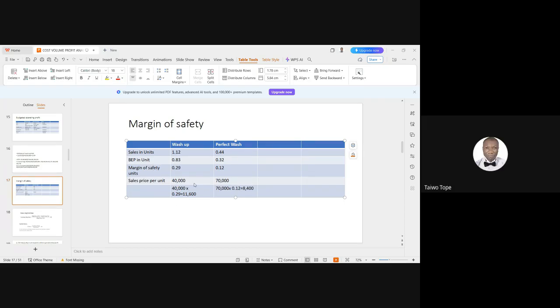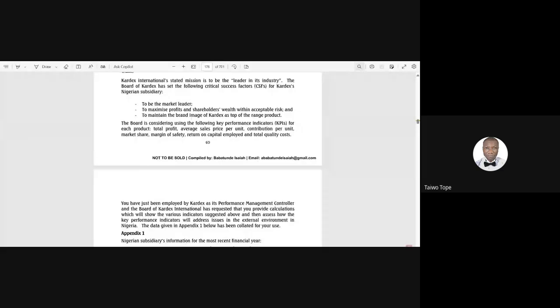The next issue of performance indicator is what? Return on capital employed. Fine. So the question is, what is the formula for return on capital employed? Revenue over capital employed.